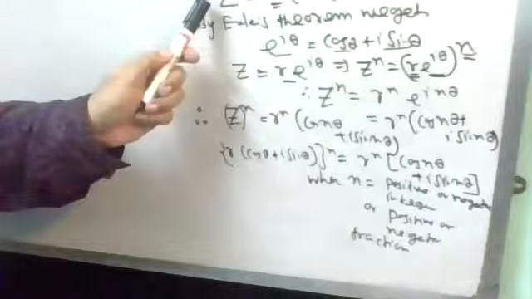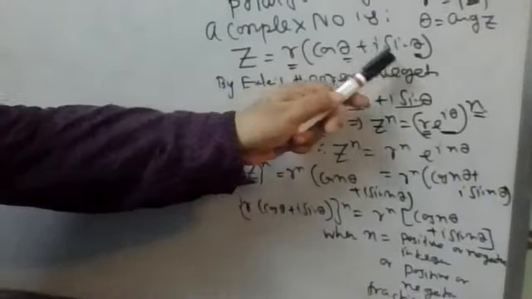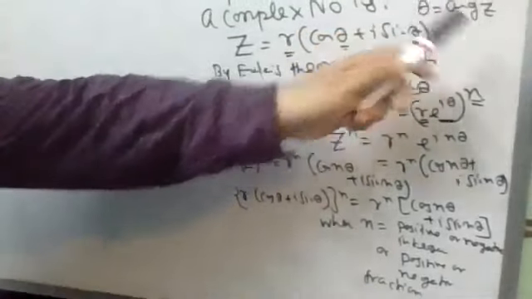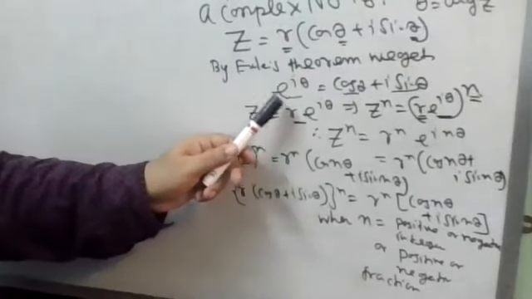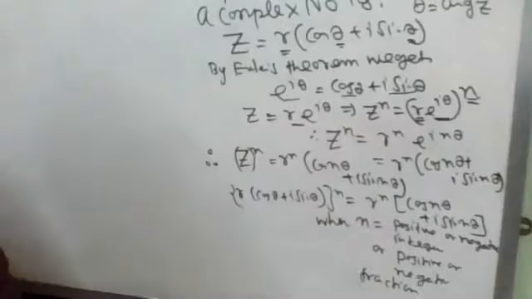So you see, the polar form of the complex number is z equals r (cos theta plus i sin theta), where r is equal to mod z, theta is equal to argument of z. Now, last day we got e to the power i theta equals cos theta plus i sin theta.